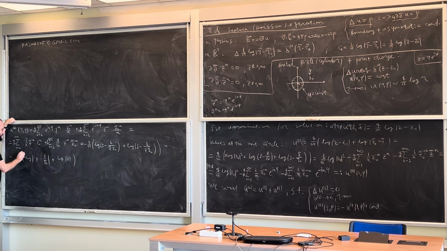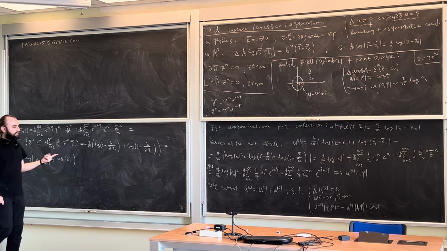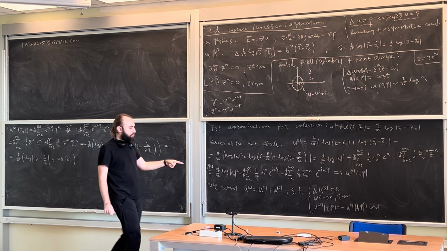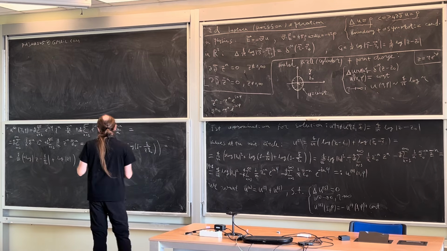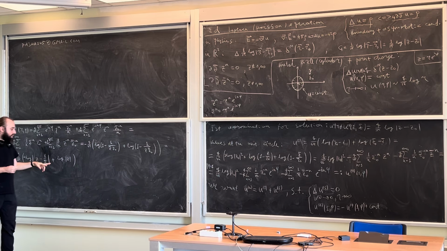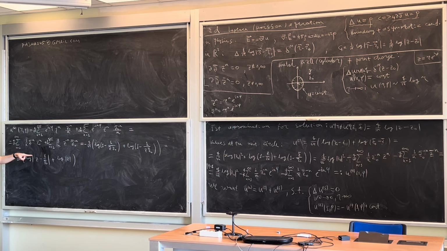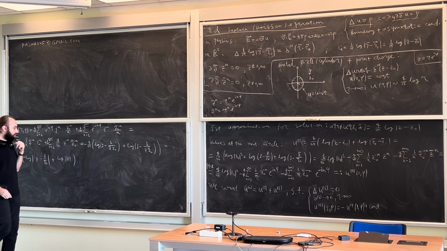So you see that this compensating solution that cancels the boundary condition can be written as a combination of fields from two charges. One at 0, another at this inverse point.